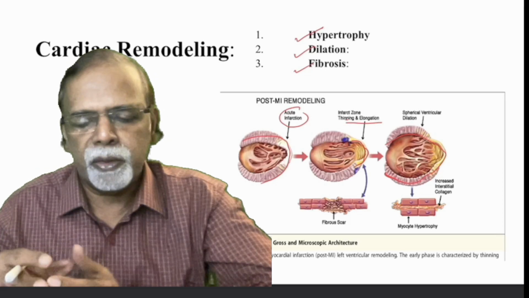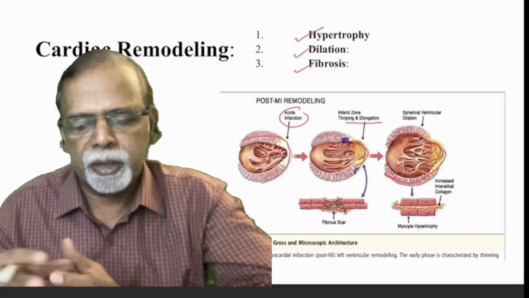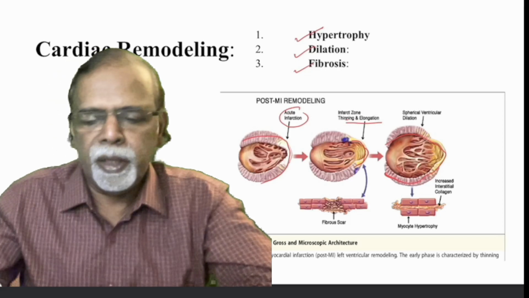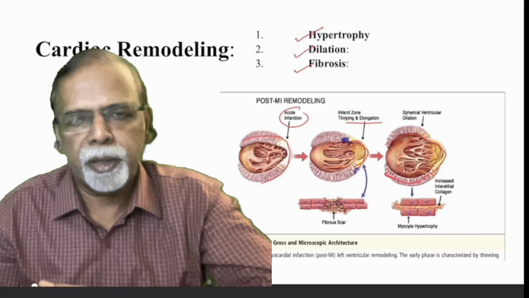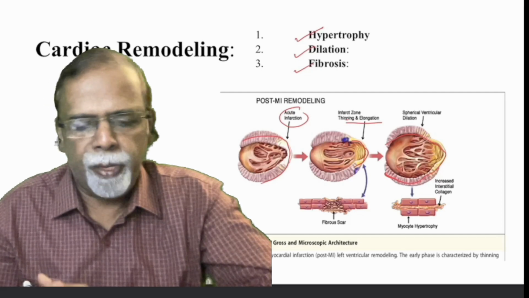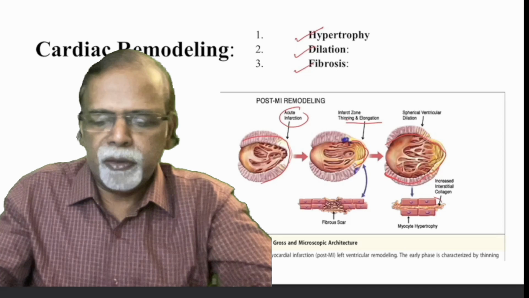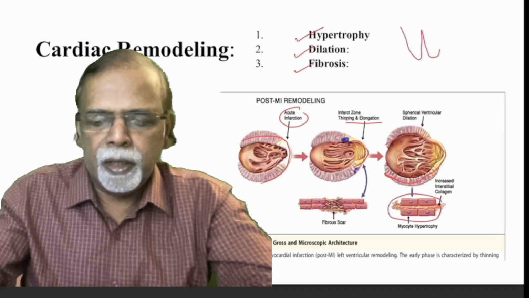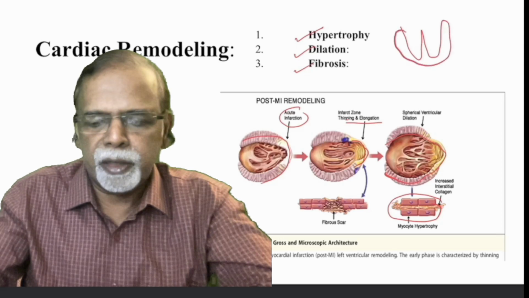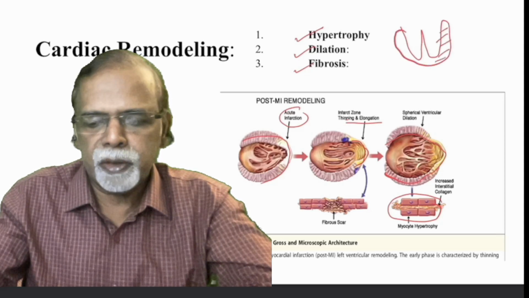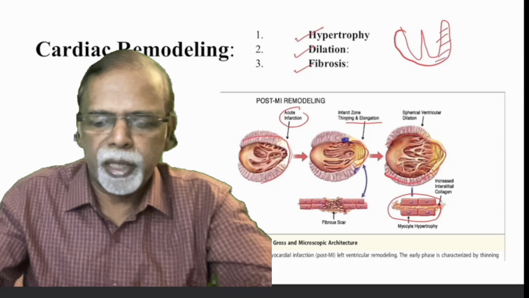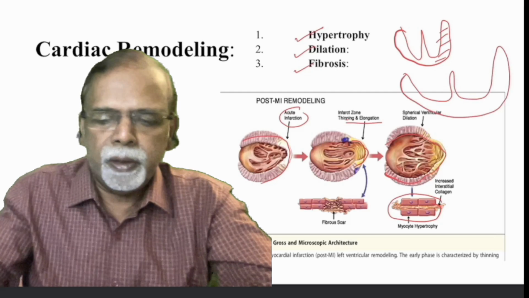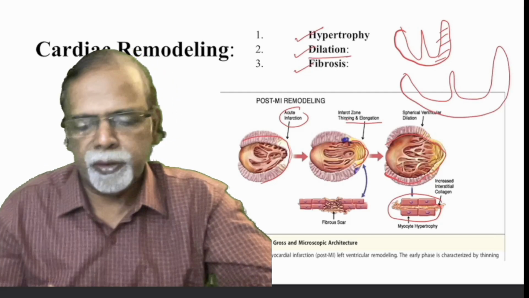But later, this can produce stretching, elongation, and changes in the shape of the myocardium, and the contraction of the heart can be affected. Another mechanism is hypertrophy of the muscle. This can be a concentric hypertrophy, that is thickening of the ventricle at the expense of the cavity, or simply dilation of the heart, that is called eccentric hypertrophy.